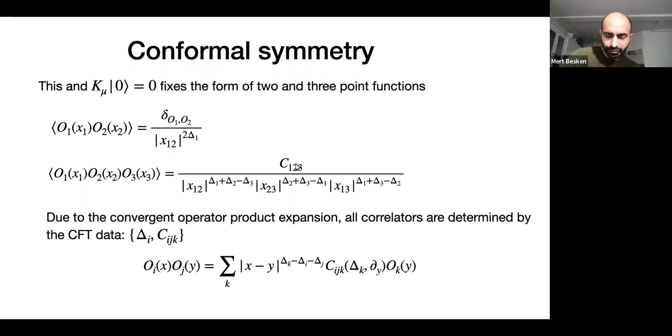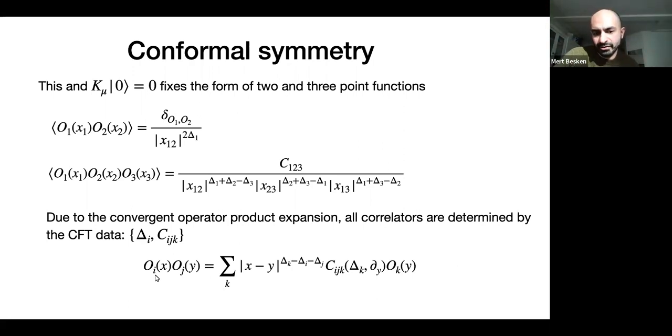On top of these properties, there is something called an operator product expansion. Due to conformal symmetry, this operator product expansion, which I'll abbreviate as OPE, is convergent. So this is the OPE here. If you have some local operator, in a free theory you could think of that as polynomials of the scalar field and so on.